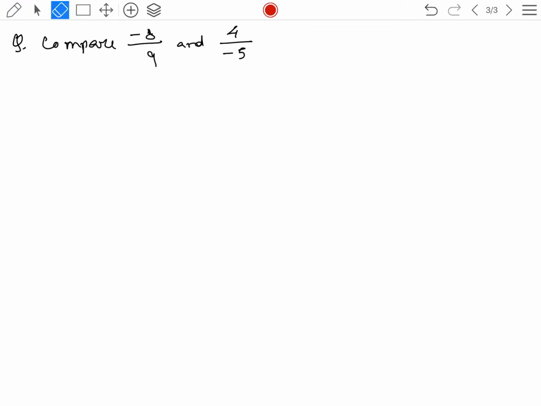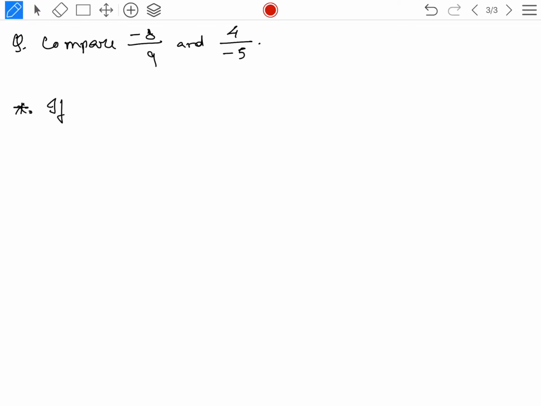The question will be the same, but the method would be different. How can you compare? For that, there are some rules. See, you will note down this. You will note down the rules. I'll write here.